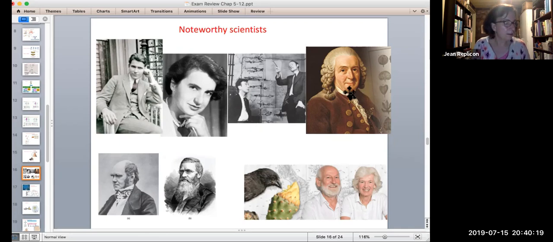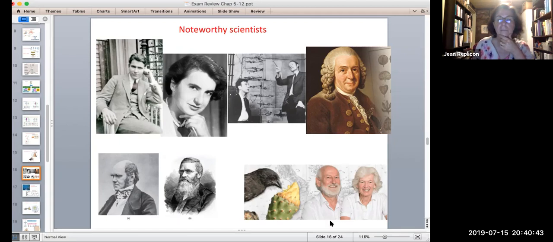This is Carolus Linnaeus. He came up with binomial nomenclature, the two-name system for naming organisms. This is Charles Darwin, and then also Alfred Wallace. Both of them came up with the idea of natural selection. We commonly attribute it to Darwin, but actually both of them came up with it about the same time.